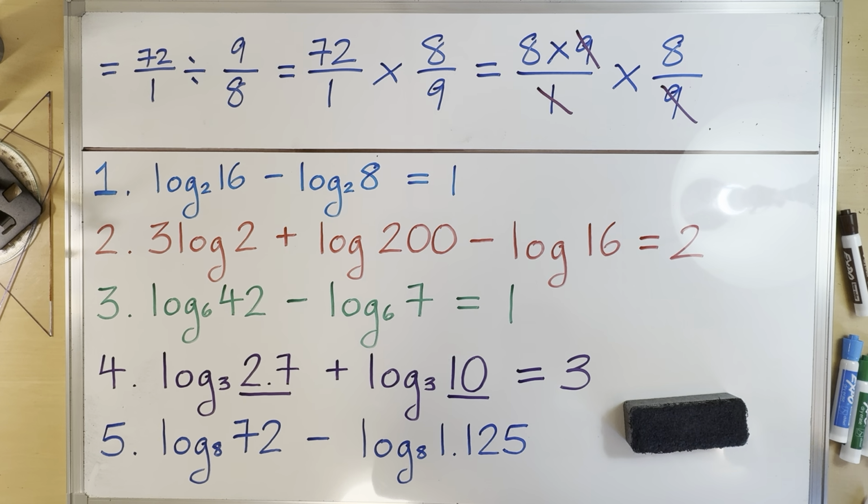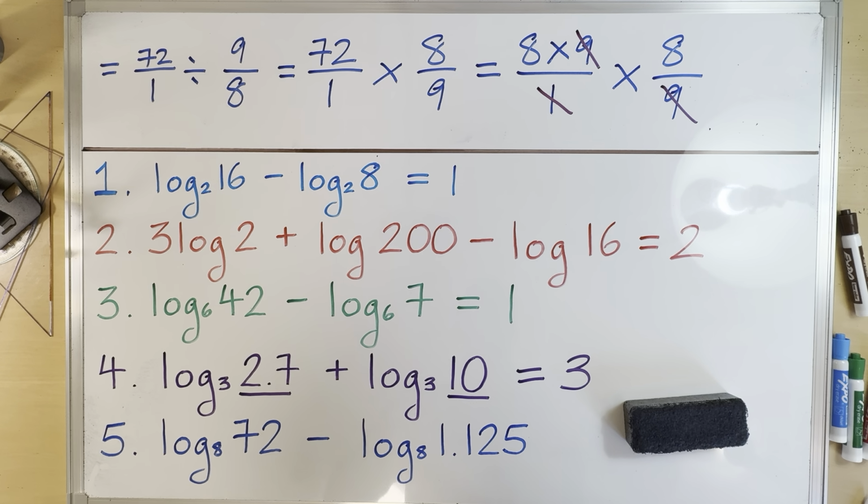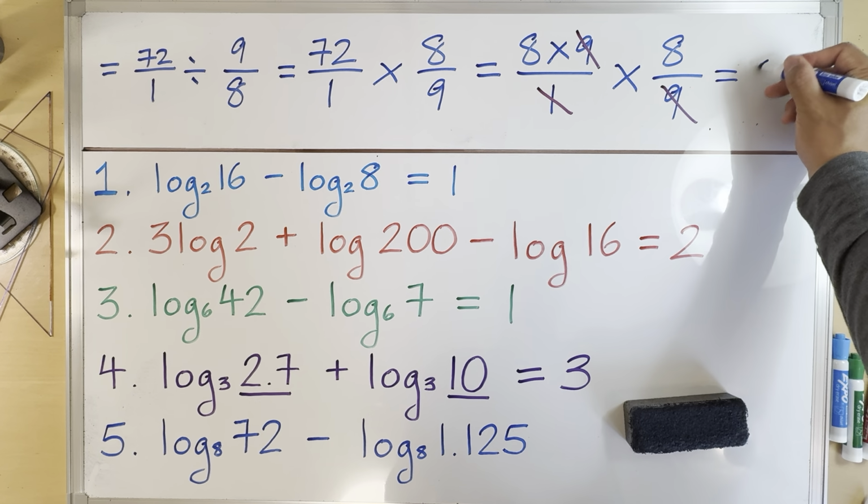So we are left with 8 times 8, which gives us 64.